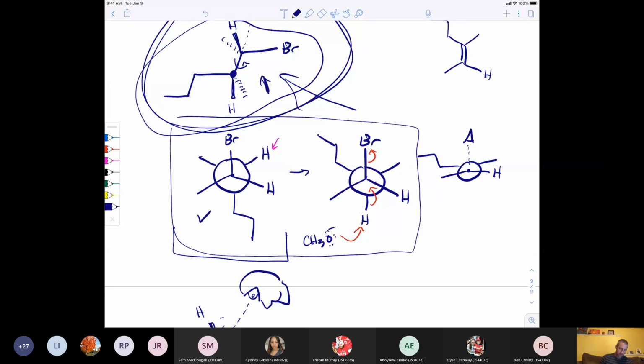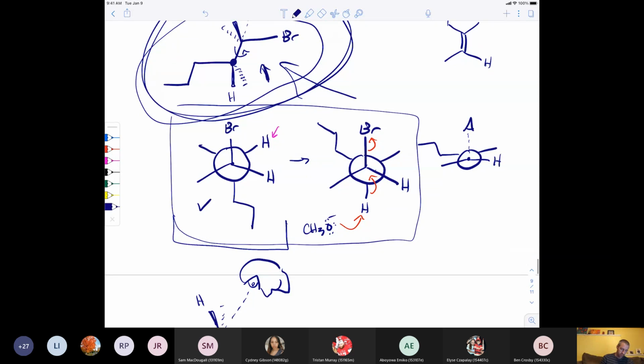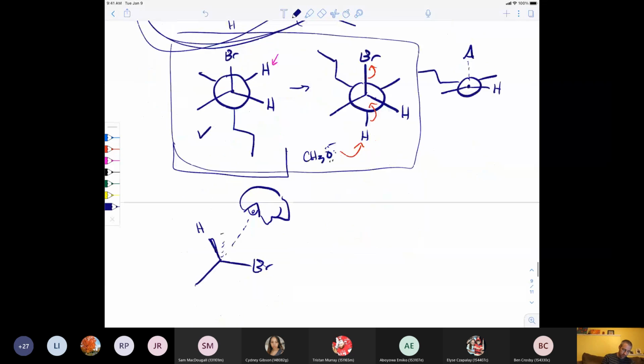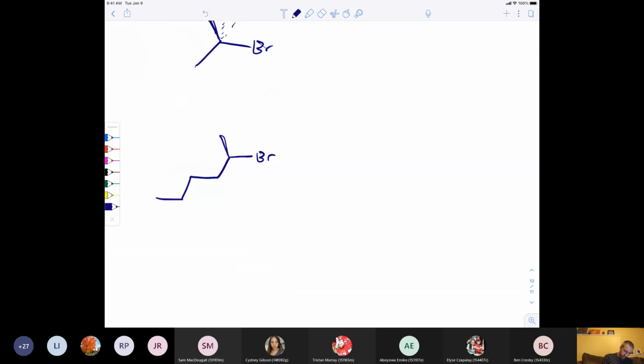So the hydrogens are both in front. 1, 2, 3, 4, 5 carbons. So let's start over again. 5 carbons. We have a bromine. We have hydrogen in front. And a carbon like this. Okay. The way I drew this, you might find it easier if you just turn the whole molecule on its side.